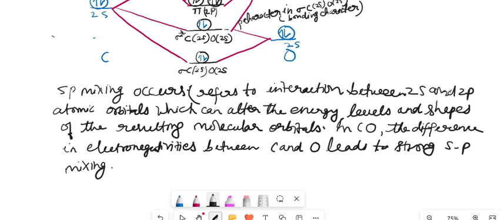The more the electronegativity difference between the two atoms, the more the sp mixing.